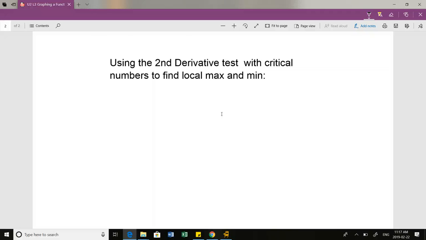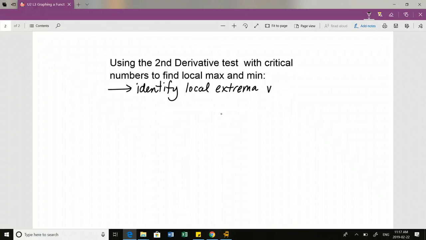So this helps us decide when we have a local max or a local min. So it helps us identify local extrema as local max versus local min.